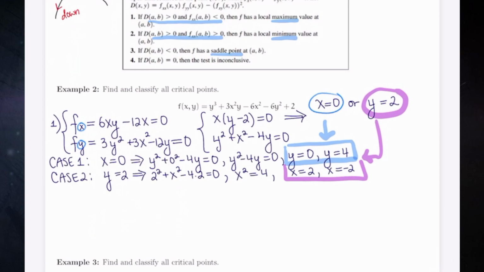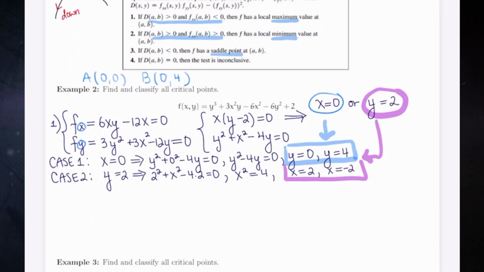Now we have the following candidates. Let's go ahead and label them. So what are our candidates? Let's say x is 0, y is 0. That's going to be point A. Point B, x is 0, y is 4.